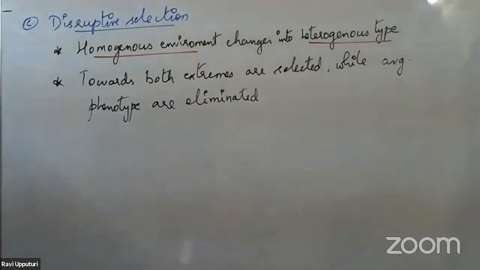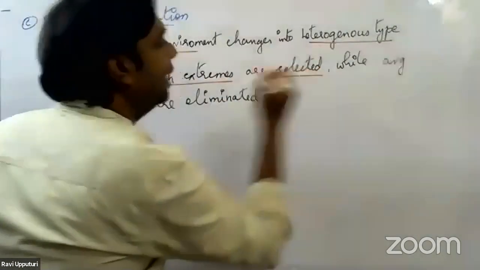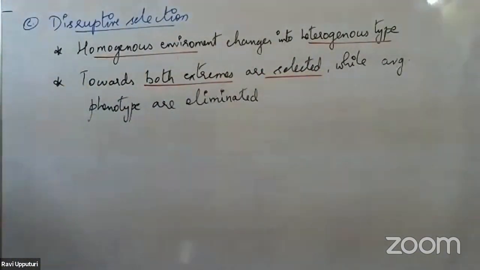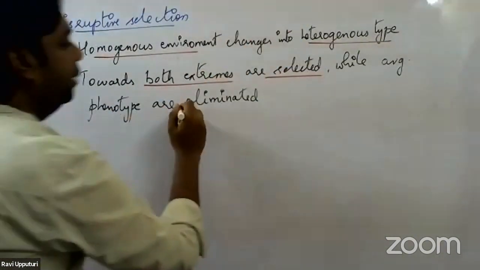They are selected, while the individuals possessing average phenotype are being eliminated.